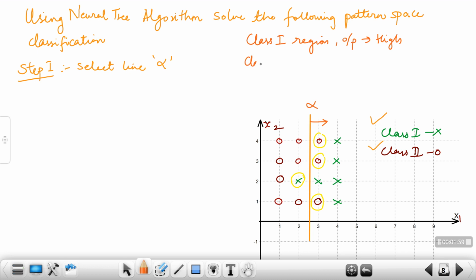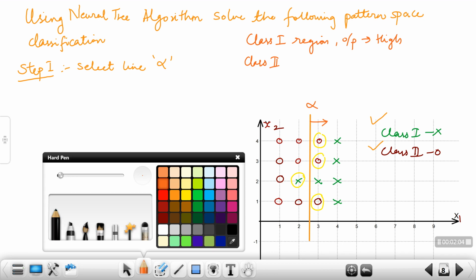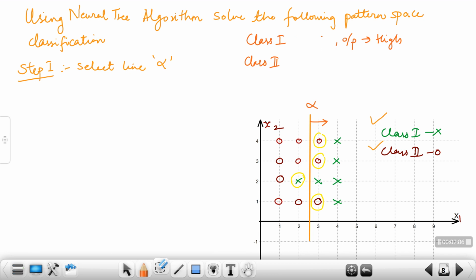We are designing a neural network such that for class 1 patterns the output will be high, and for class 2 patterns the output will be low. So the direction should be towards the class 1 patterns.